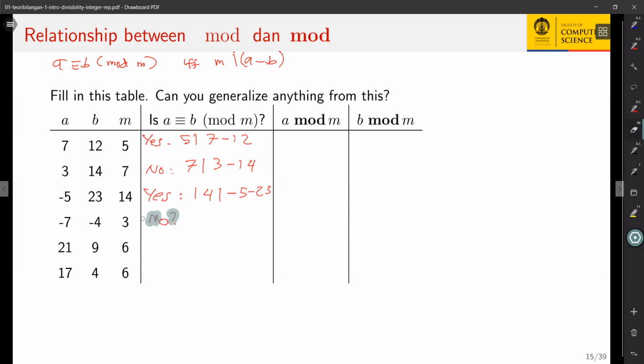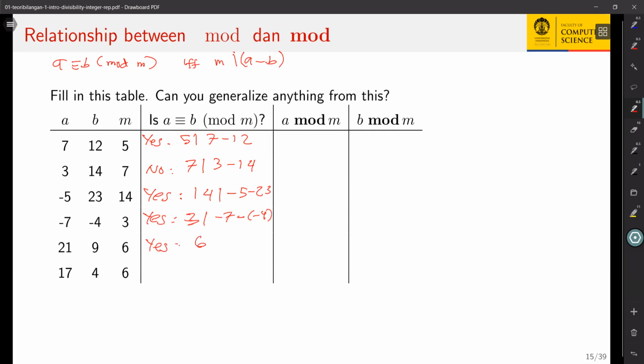Yes, because 3 divides, of course, minus 7 minus 4. And of course here, it's a yes, right?